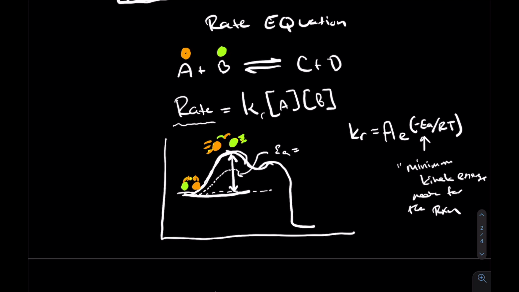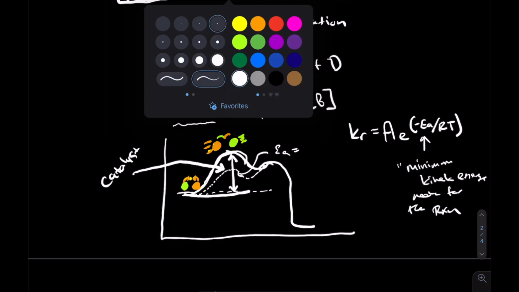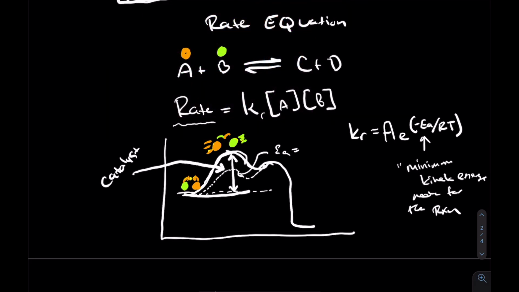So you could have a catalytic process that now lowers that energy of this first state. That's a catalyst. And if you have a catalyst and it lowers that energy, you have now a new term, a much smaller term now called kcat.